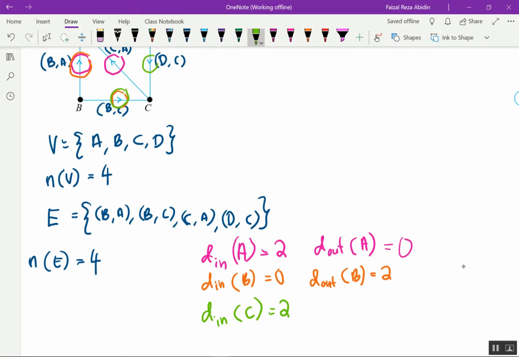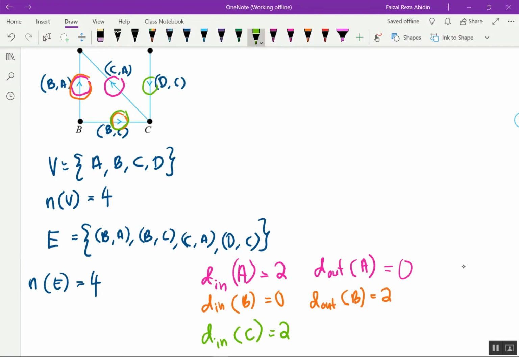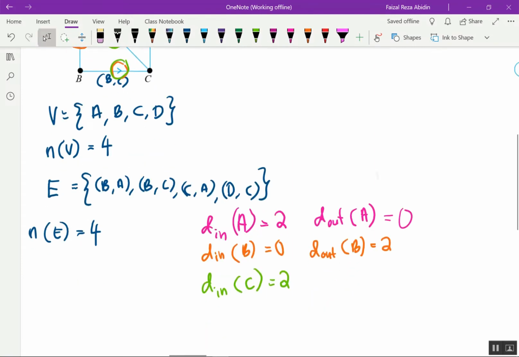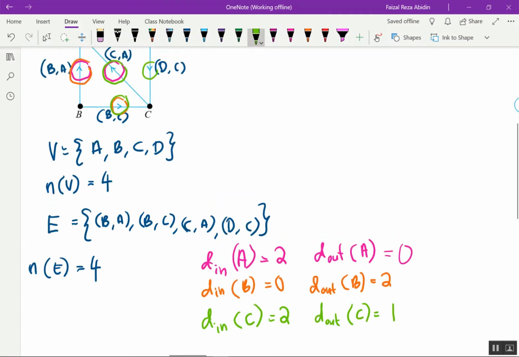How about out from vertex C? Only 1. So D out, degree out from vertex C, is 1. Last one.